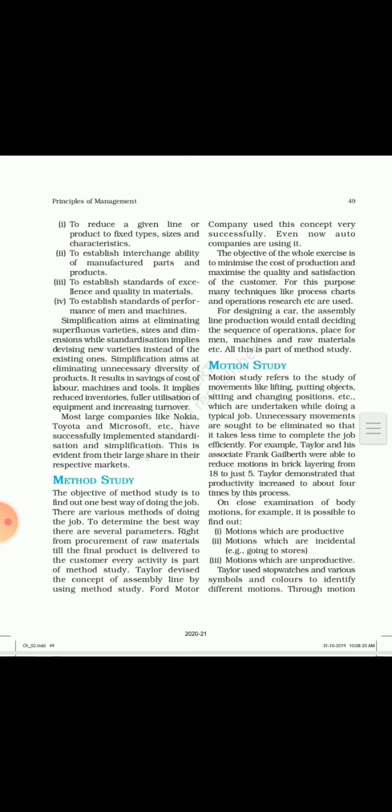Taylor suggests that the manager observe when workers are making productive and non-productive movements, and try to minimize the unproductive movement by the use of different types of tools.